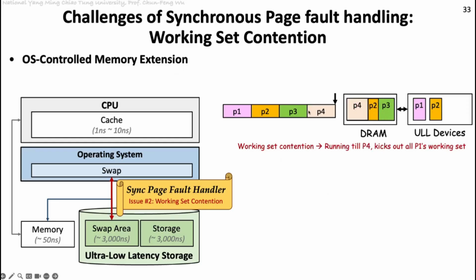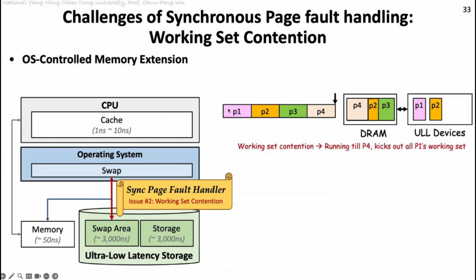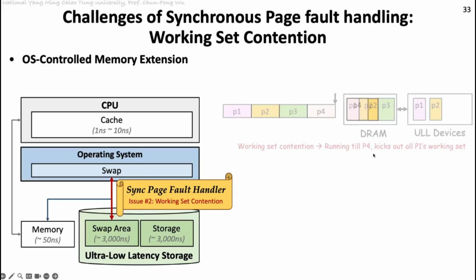And now, once again, when P1 is executing, because there are no P1-related patches inside DRAM, P1 will face a lot of patch faults. So P1 should wait a super long I/O completion time for the synchronous I/O. The reason is that P1's working set was kicked out by P4.